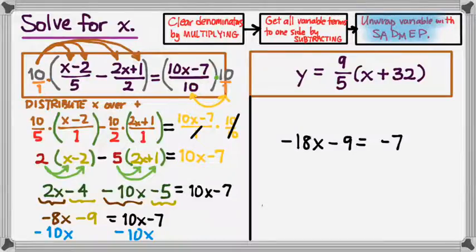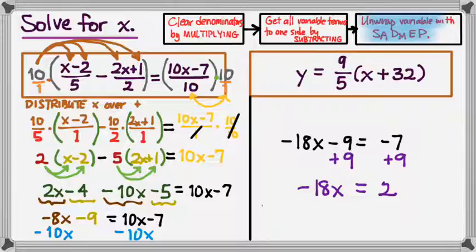What operation should I undo on the left side of this equation? Yeah, exactly. I want to undo first that which the order of operations does last. I want to undo the subtraction of 9 by adding 9 to both sides. Negative 7 plus 9 will give me positive 2.